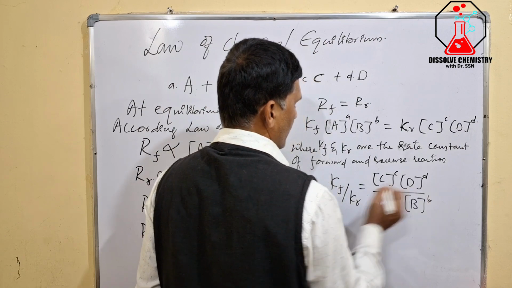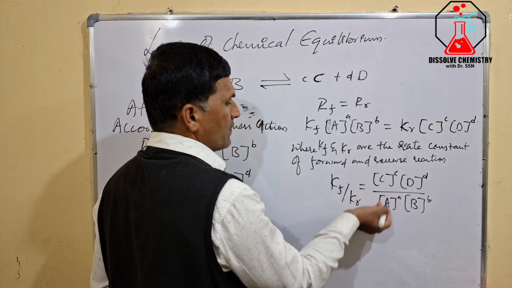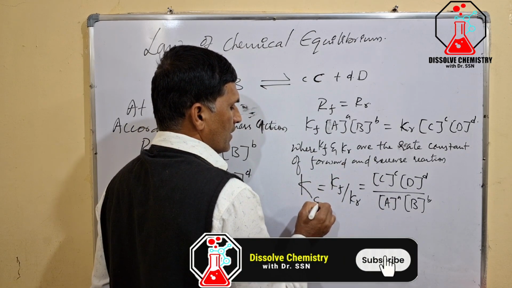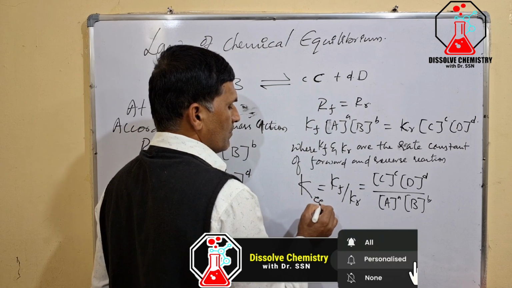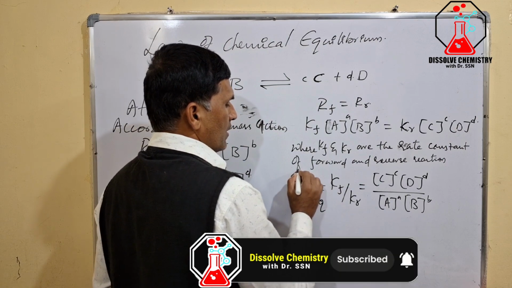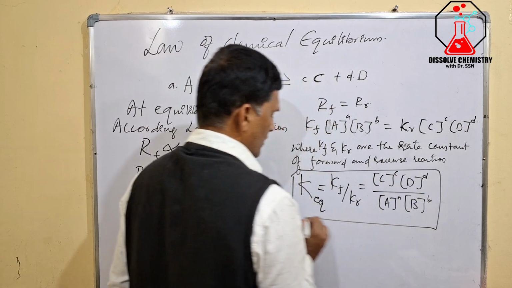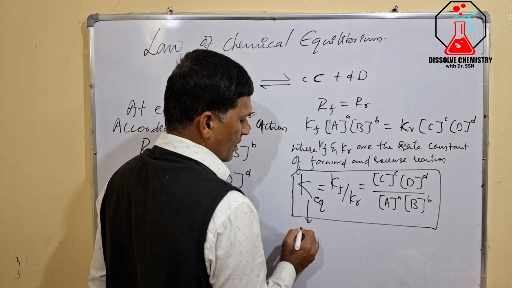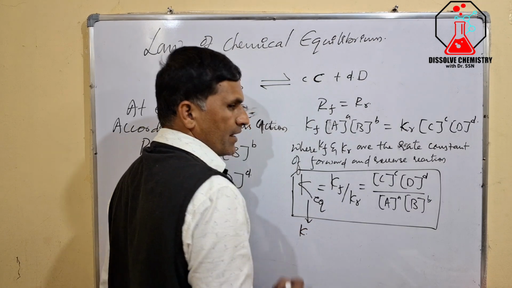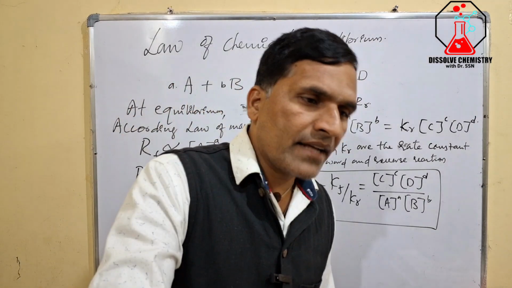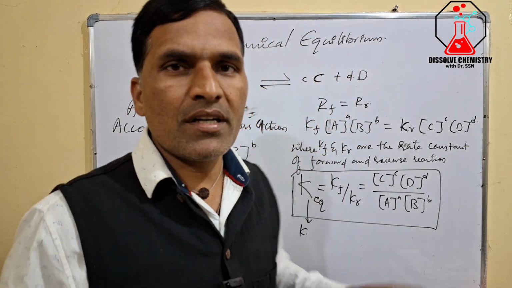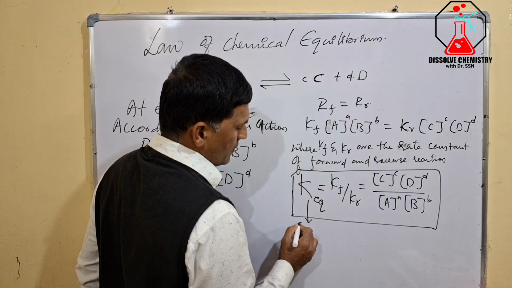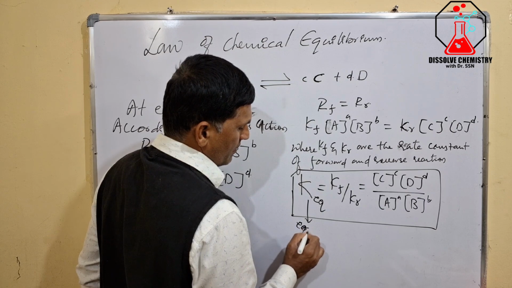This we call another constant, Kc or K equilibrium. This K equilibrium is nothing but the equilibrium constant. The ratio of the rate constants of the forward reaction and backward reaction we call the equilibrium constant.